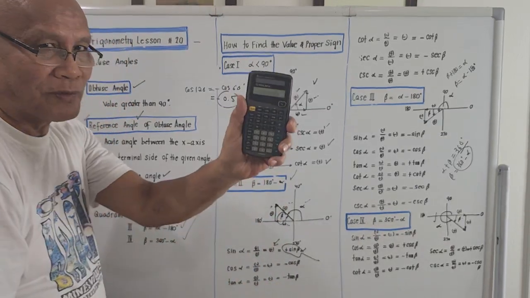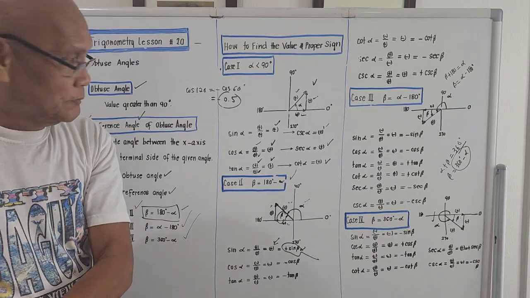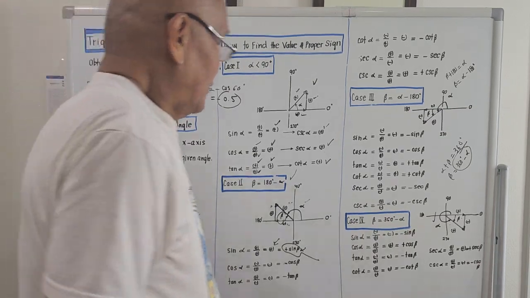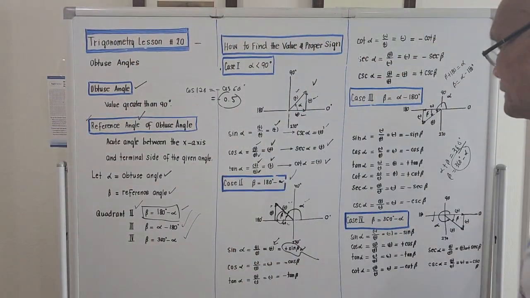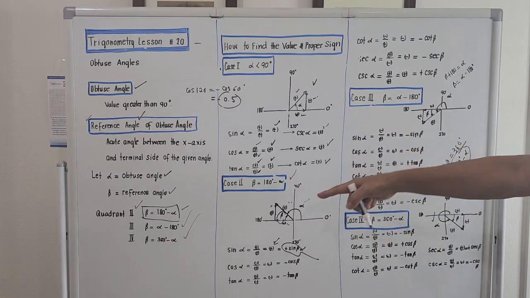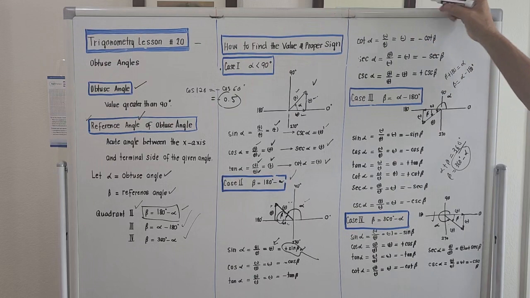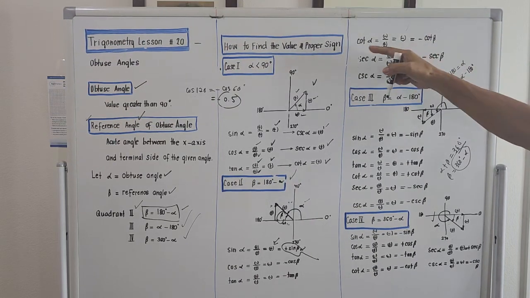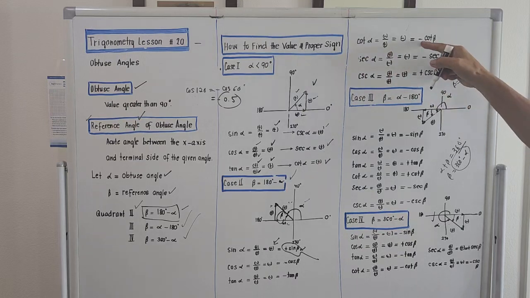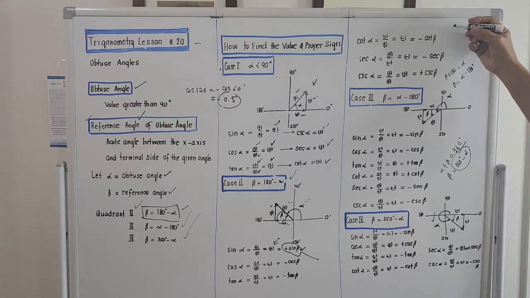So this is negative 1.732. For the cotangent, we'll just reverse the tangent. It should be a minus over a plus. It should be a minus. So cotangent of alpha on the second quadrant will be negative cotangent of beta.